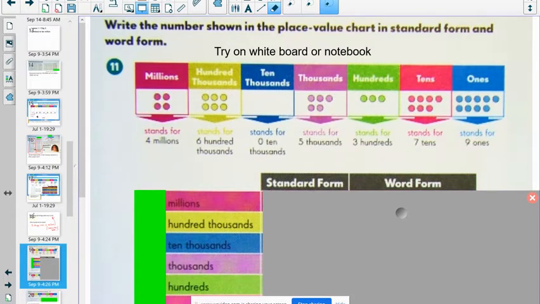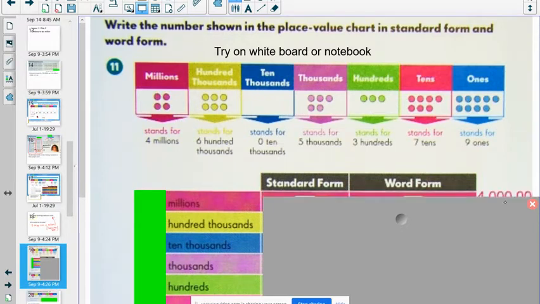I'm trying to write this number shown in the place value chart in standard form and word form. So let me tell you that behind this gray box here should be this number, 4,605,379. So again, that would be 4,605,379.